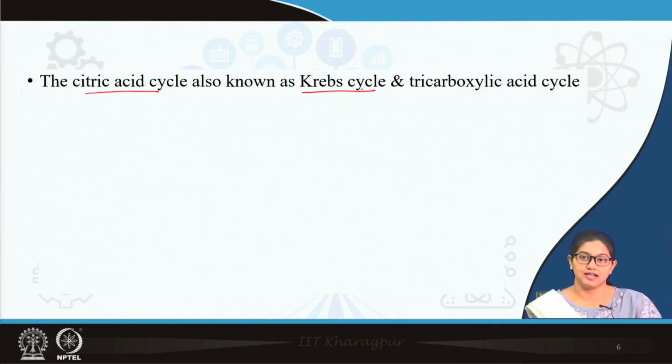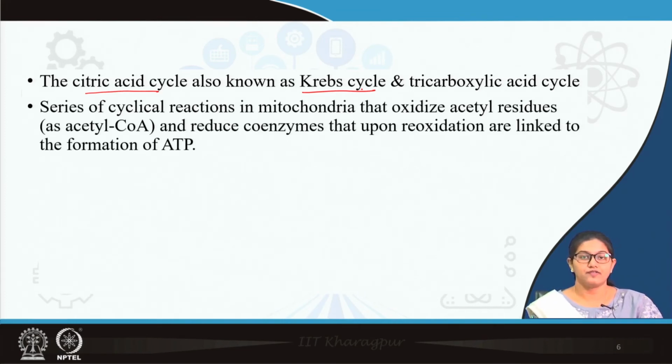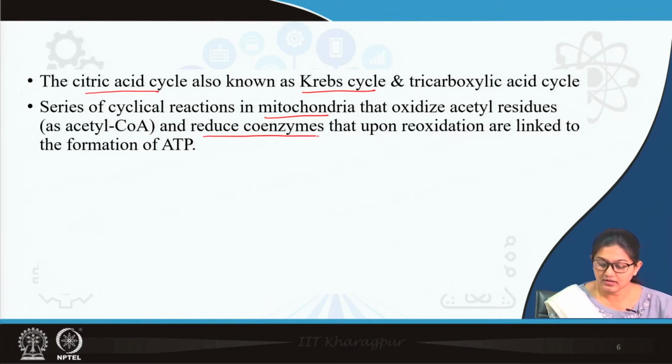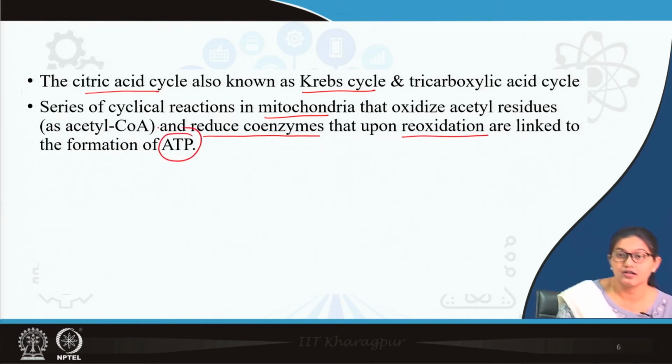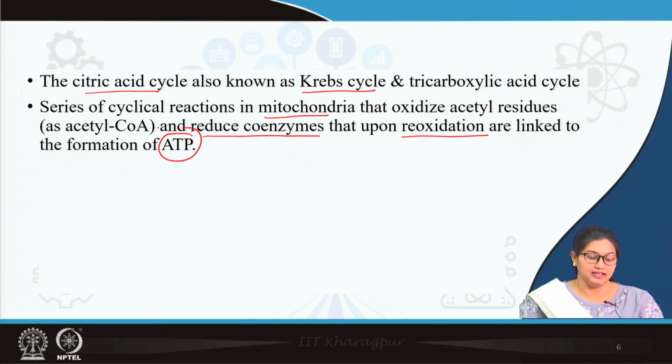It is a cyclical metabolic pathway, a series of reactions inside mitochondria, which oxidizes the acetyl residue of acetyl coenzyme A, and the reduced coenzymes undergo reoxidation in the electron transport chain, which forms ATP. So, this is the crux of TCA cycle.